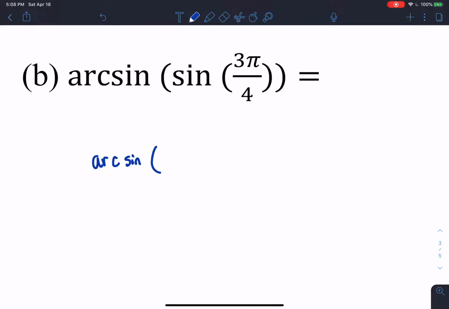Again, you're looking for sine of 3 pi over 4, which is root 2 over 2. Then where in the first or fourth quadrant is the y term going to come out to be root 2 over 2? That's negative pi over 4. Make sure you're changing those angles in quadrant 4 so that they fit in the right range.